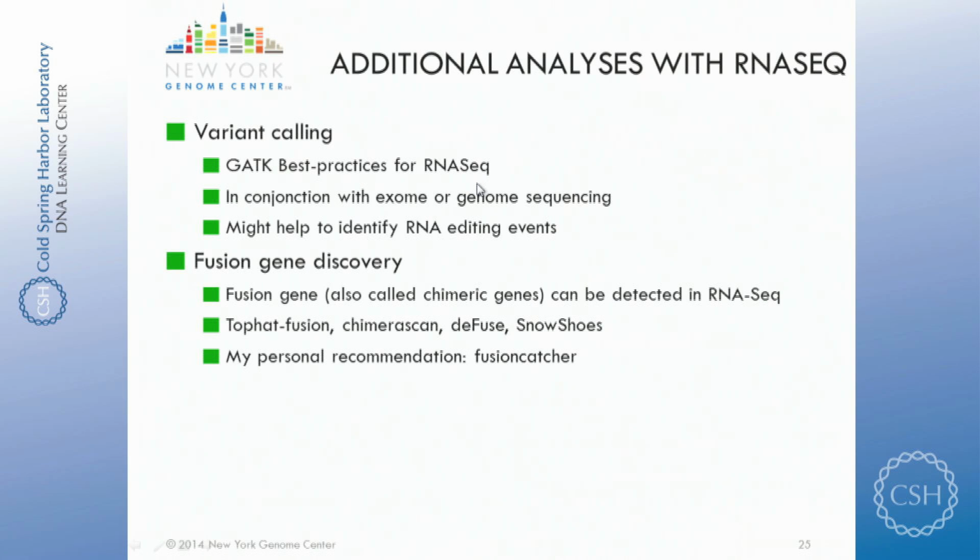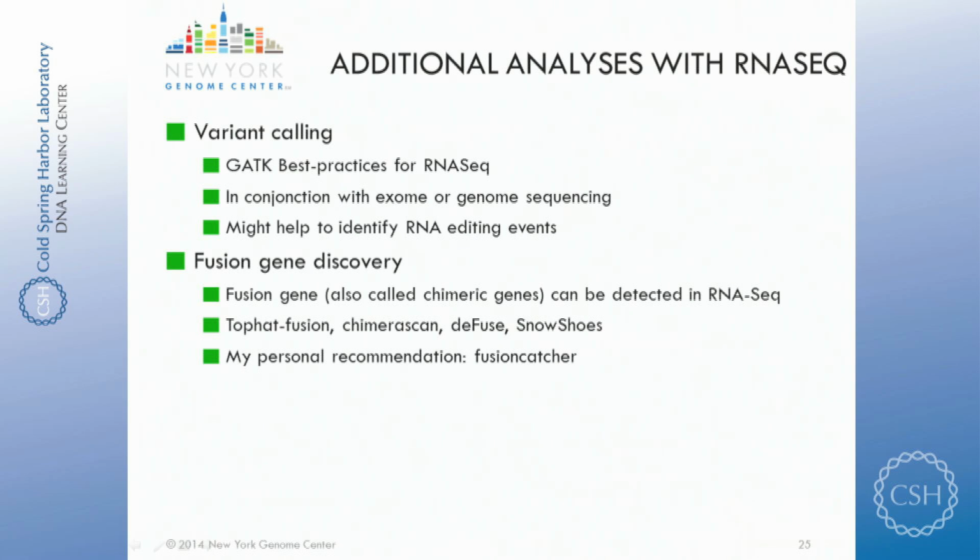That could be used in conjunction with exome and genome sequencing, where you have a variant discovered in exome, and you can see the level of expression of your variant in the RNA-Seq. That could be useful to identify RNA editing events, all those kinds of things.